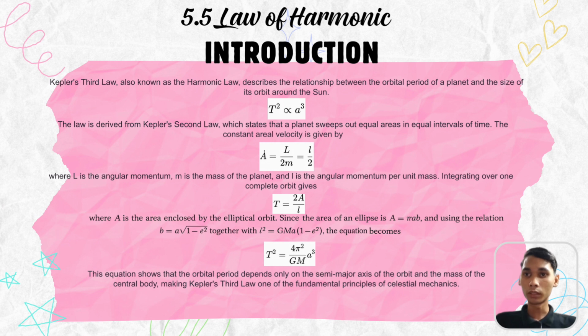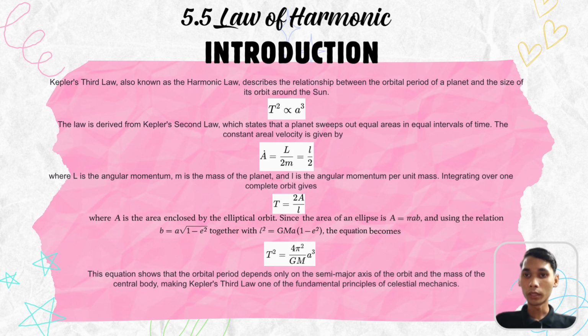The constant areal velocity is given by A dot equals L over 2m equals l over 2, where uppercase L is the angular momentum, m is the mass of the planet, and lowercase l is the angular momentum per unit mass. Integrating over one complete orbit gives T equals 2A over l, where A is the area enclosed by the elliptical orbit.